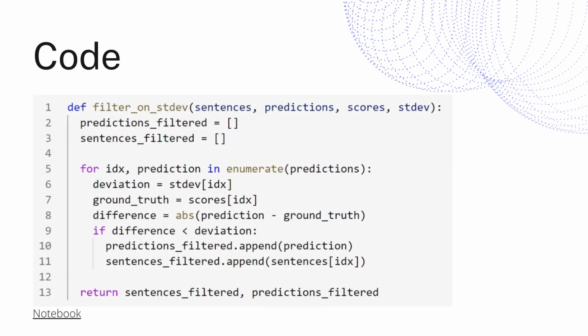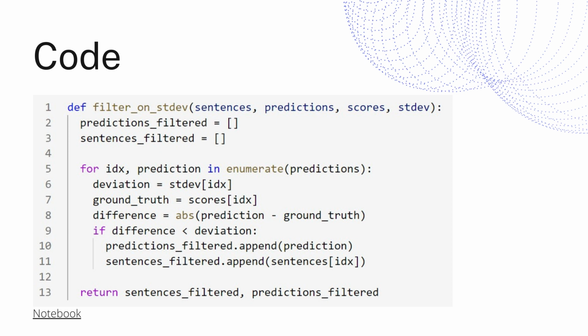This is quite simple compared to the previous one. We define the function filter_on_se, which takes as input sentences. These are the external data sentences. Then we take the predictions, which are the pseudo labeled scores by the ensemble of RoBERTa base and RoBERTa large.